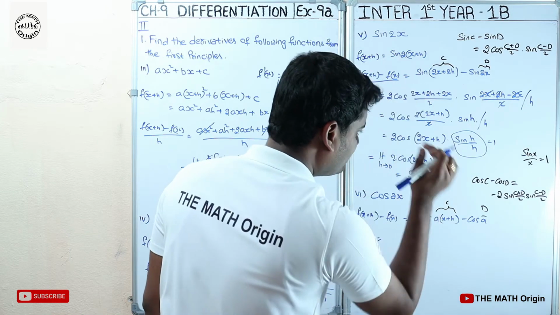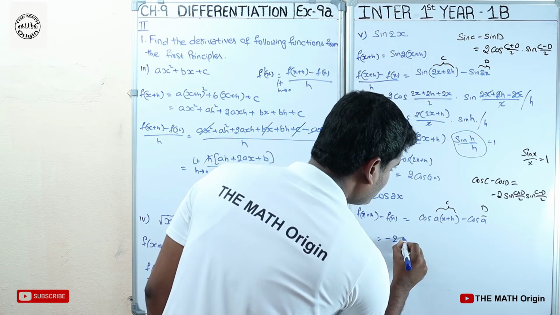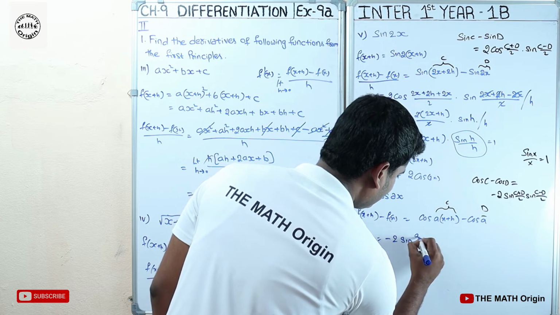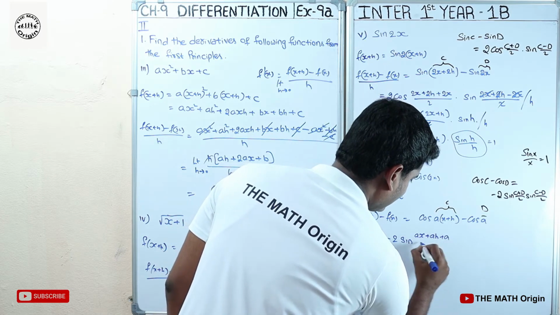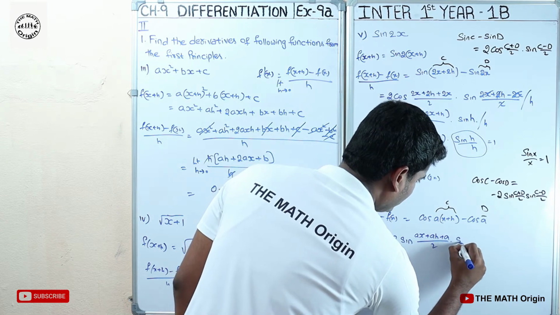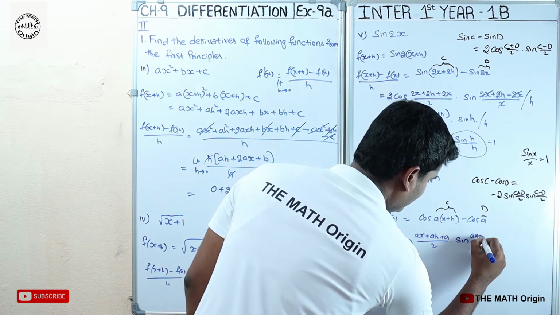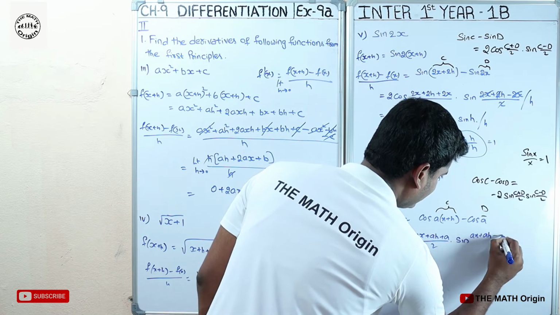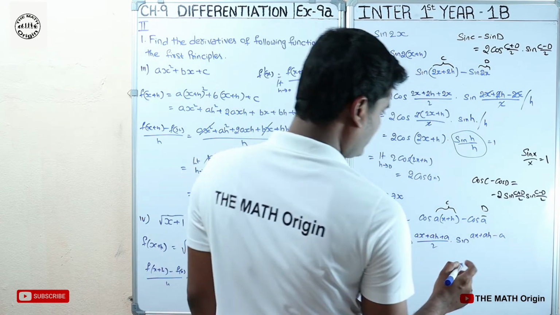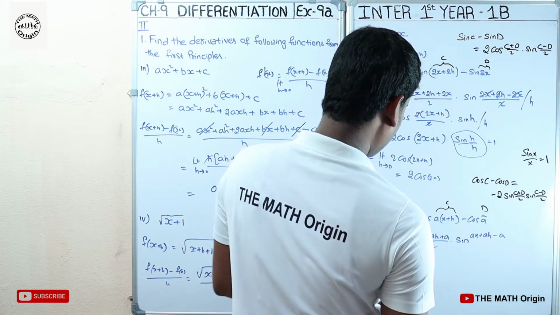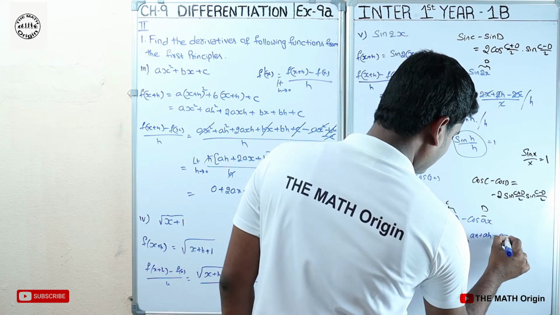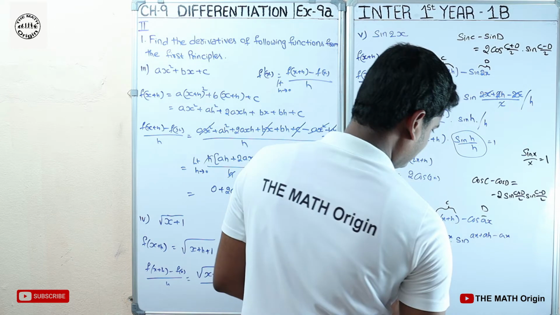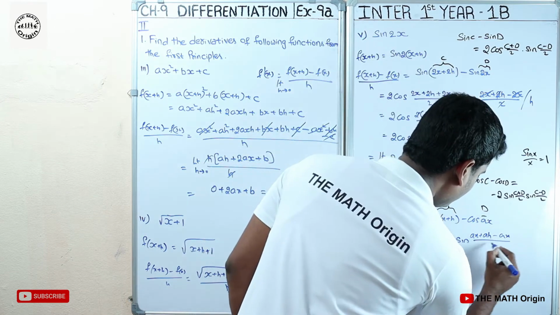So minus 2 sin (c plus d) by 2, where c is ax plus ah and d is ax, so (2ax plus ah) by 2, into again sin of (ax plus ah minus ax) by 2.